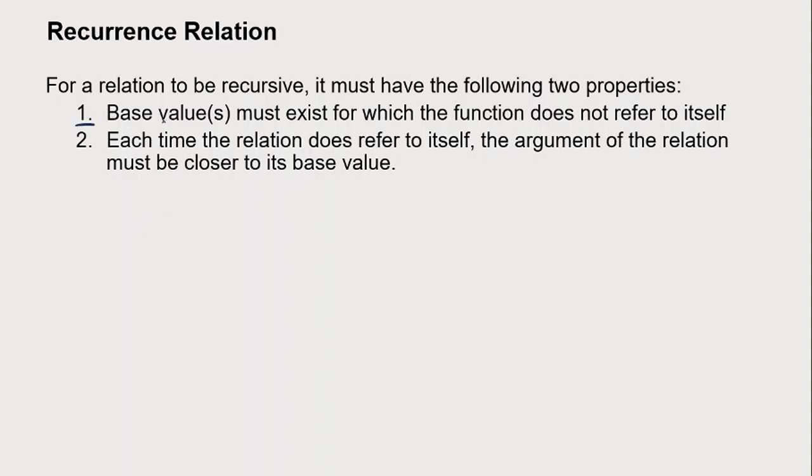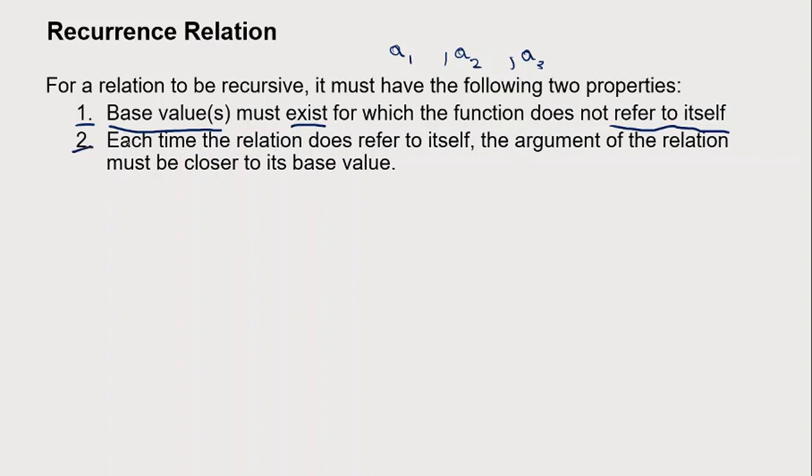So first of all, we need to ensure we have some base values. So they must exist. So whether it's just A1 that you are referring to, or maybe A2 as well, or maybe even A3, you have to have some base cases for which the function does not refer to itself. So we have some sort of a basis to start our calculation from.